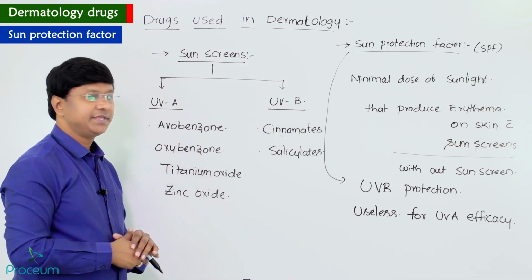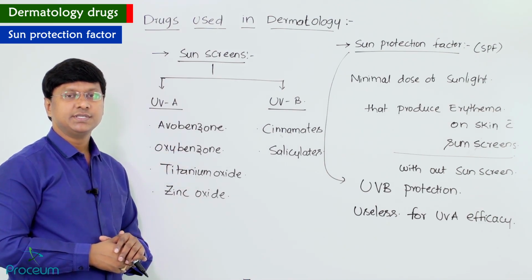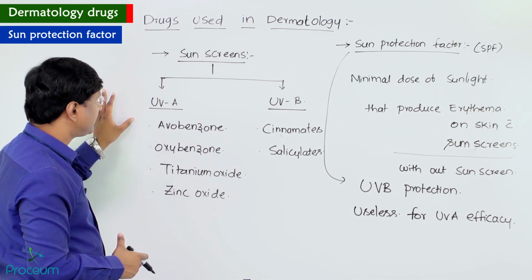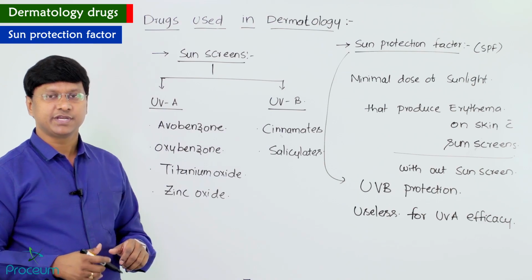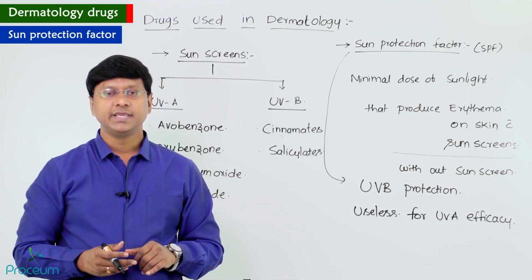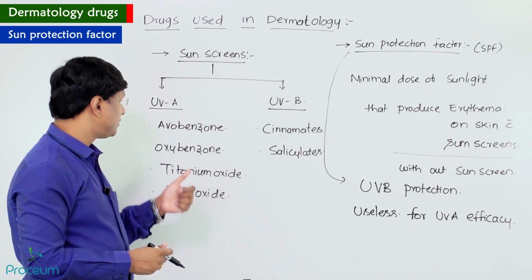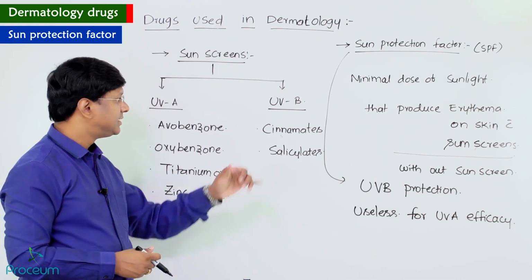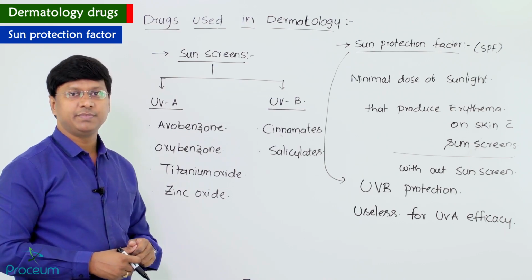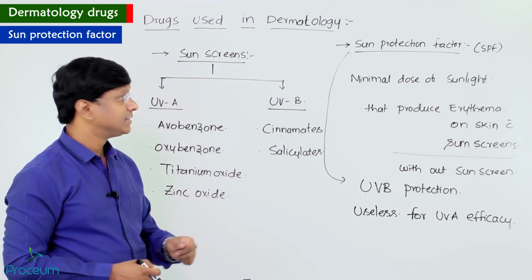Remember, these sunscreens will protect the skin from UVA as well as UVB light. The sunscreens which protect from UVA include avobenzone, oxybenzone, titanium oxide and zinc oxide. The sunscreens against UVB are cinnamates and salicylates.